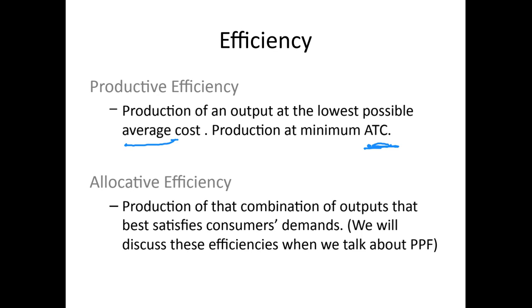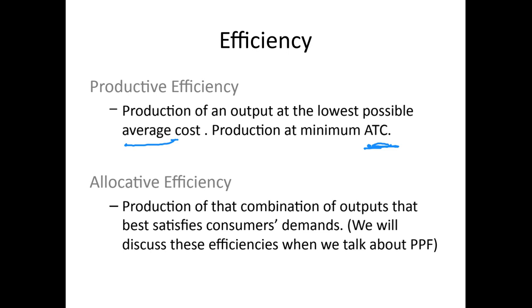Allocative efficiency: production of that combination of outputs that best satisfies consumers' demand. I've already written in the bracket, if you read, we will discuss these efficiencies when we talk about PPF. By PPF, I mean production possibilities frontier.